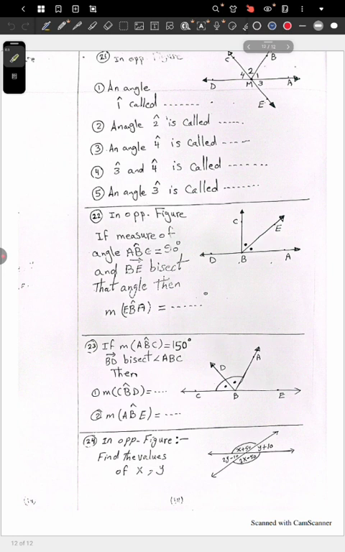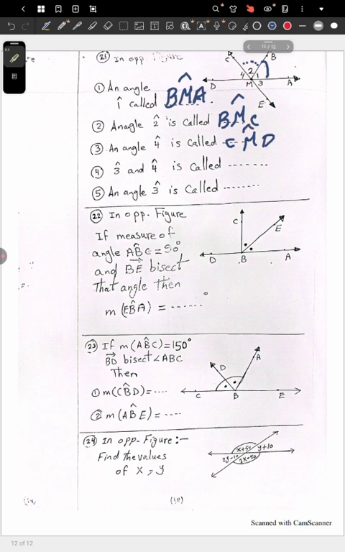You must remember how an angle is named. Angle 1 is called BMA or AMB. Okay. Number 2 is these two, BMC or CMB. You can write from left or right, but M must be in the middle. 4 is CMD.